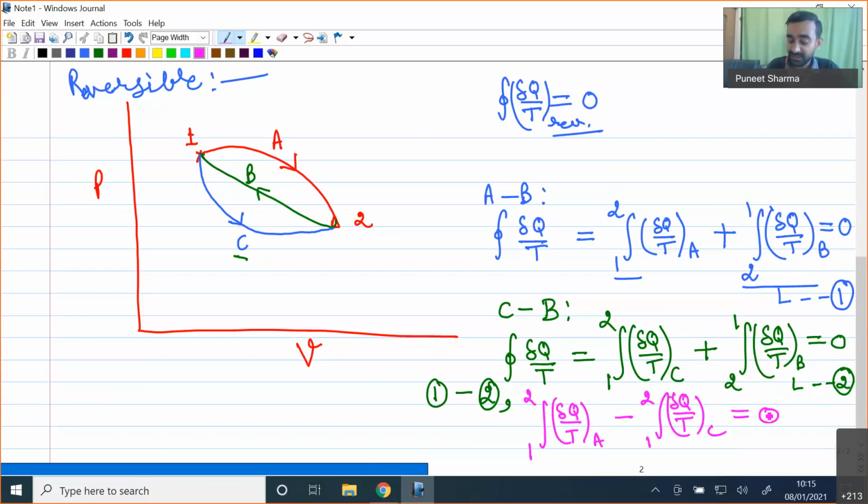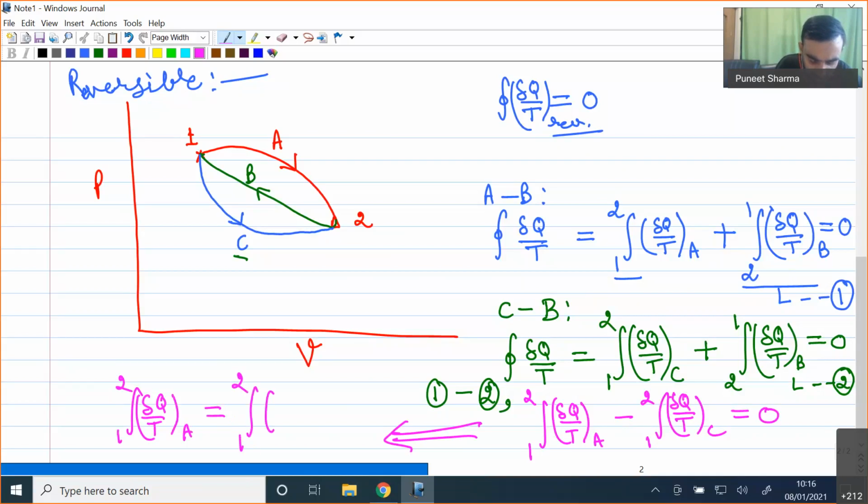So that I'll be getting from 1 minus 2. If I further simplify this, if I take one of the terms to the other side, I'll be finding that the integral of del Q by T along path A from 1 to 2 is nothing but equal to the integral from 1 to 2 of del Q by T along path C.